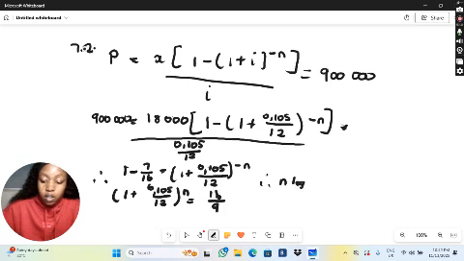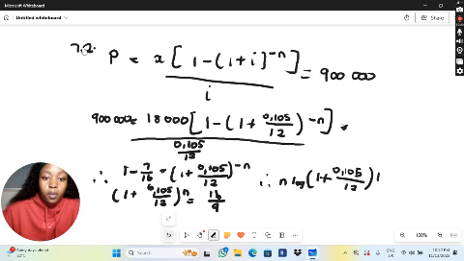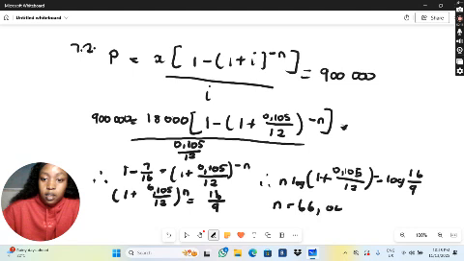Therefore, we're going to have n log of 1 plus 0.105 over 12 equal to the log of 16 over 9. n is 66.043, but we don't have 0.043 of a month, so we are going to have n is equal to 66, right?